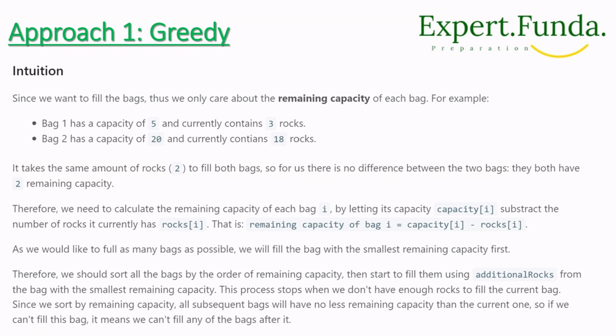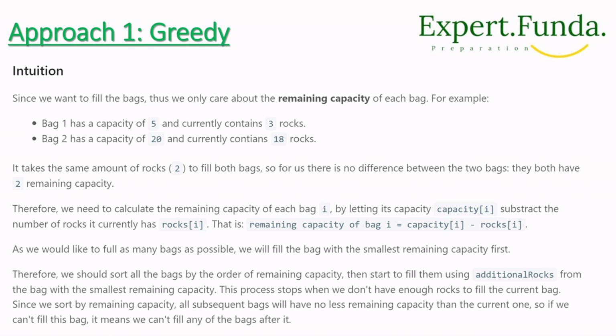So what is the intuition behind the problem? Since we want to fill the bags, we only care about the remaining capacity of each bag. We are given the capacity and the current value of the bag, but what we have to care about is the remaining capacity of each bag. So bag 1 has capacity 5 and currently contains 3 rocks.